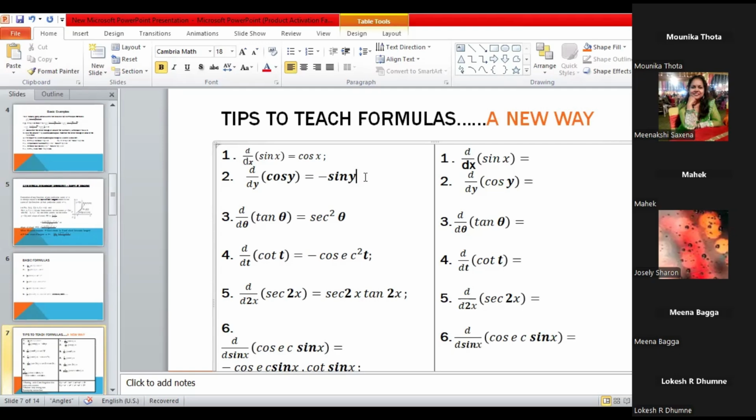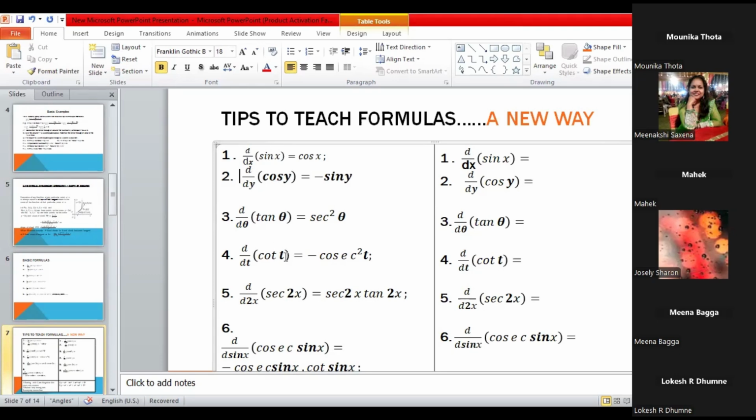Whenever the variable is changing in the questions, they feel uncomfortable or they commit mistakes. So you must tell that it is not only x, the independent variable may be represented by any other letter, like here cos y, next theta, here t.